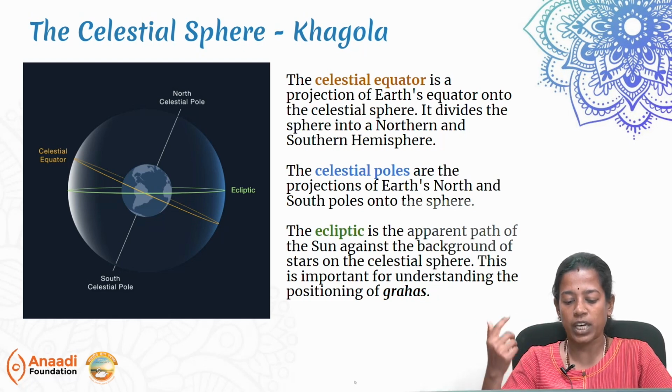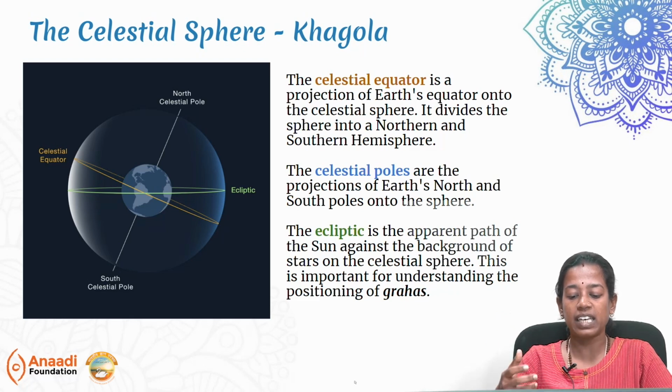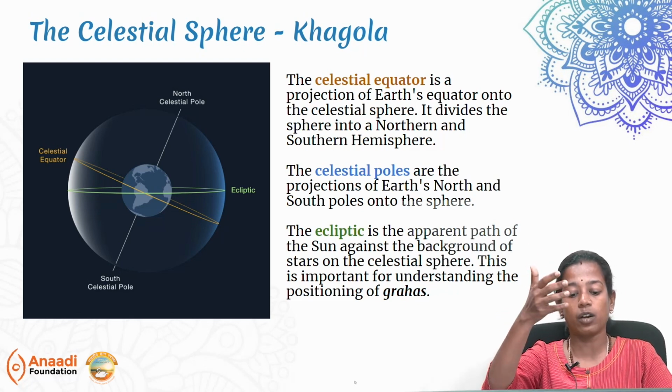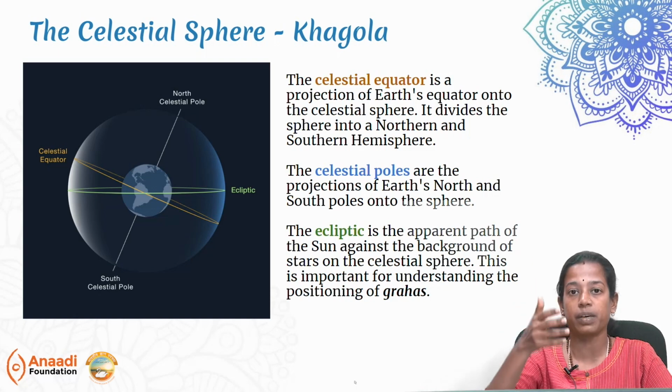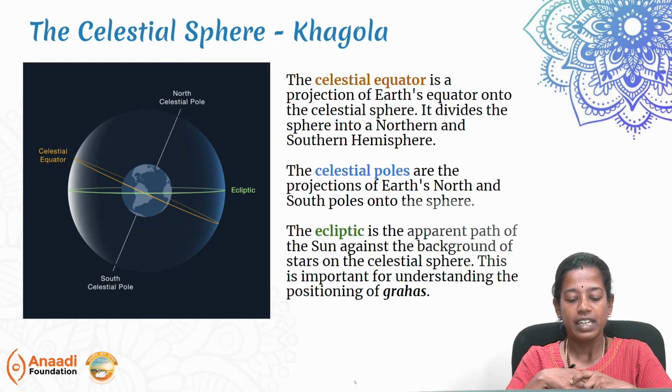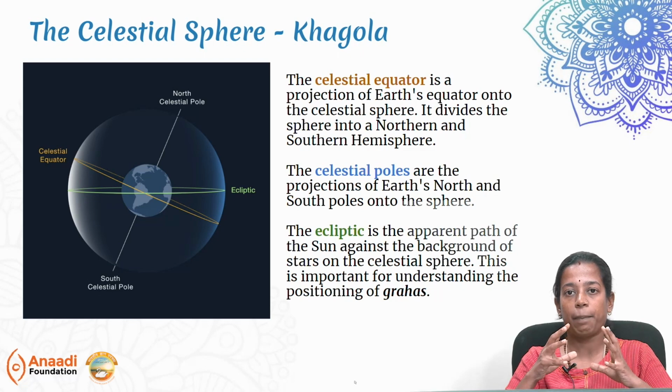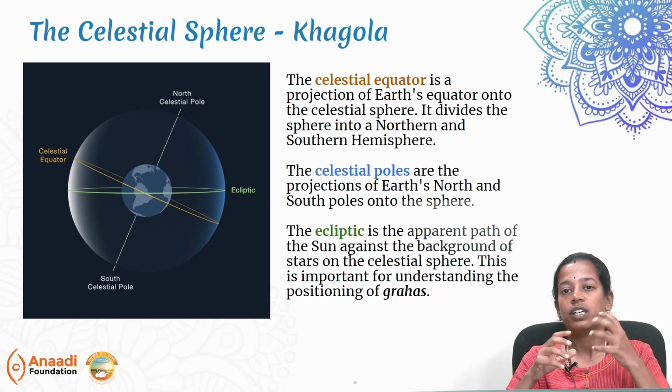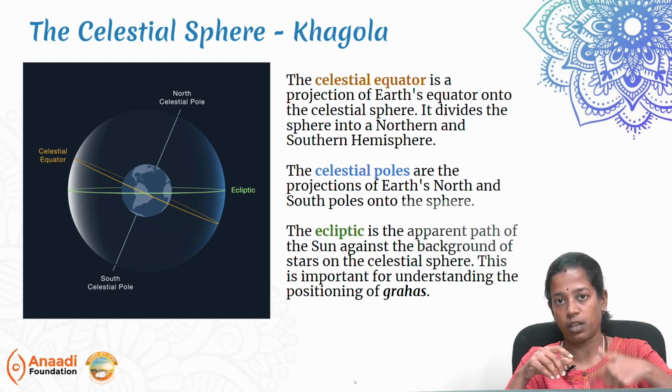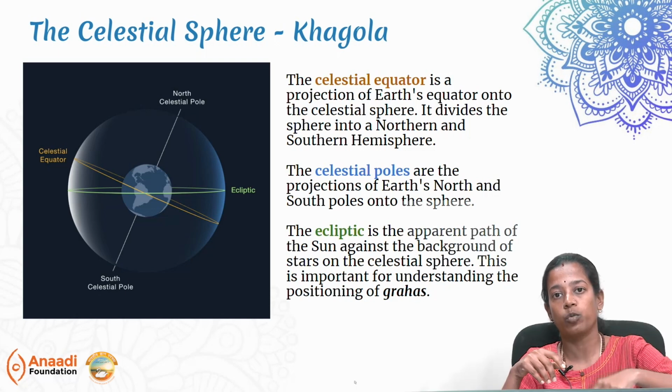Because as it keeps changing its position, we can see that the point in its background with respect to the celestial sphere will also change. This is a very, very important concept to understand. See what is happening? Graha has the capability to have a special movement, because it keeps on moving.